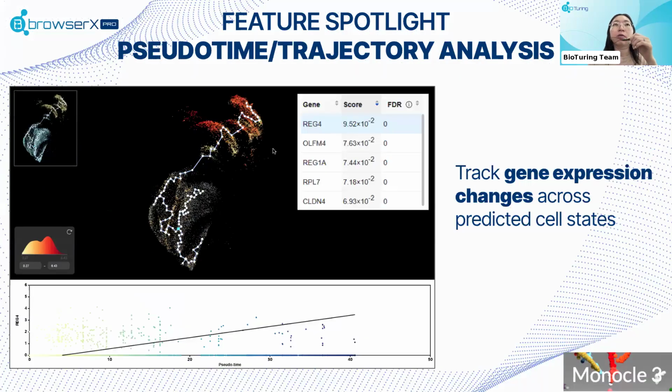Next, the second feature that I will be demoing is called pseudotime or trajectory analysis. This is particularly useful if you want to track gene expression changes across either different states of a cell or across different stages of diseases. In my case, my biological question for the data set that I was investigating was whether tumor cells were becoming more invasive or more malignant.